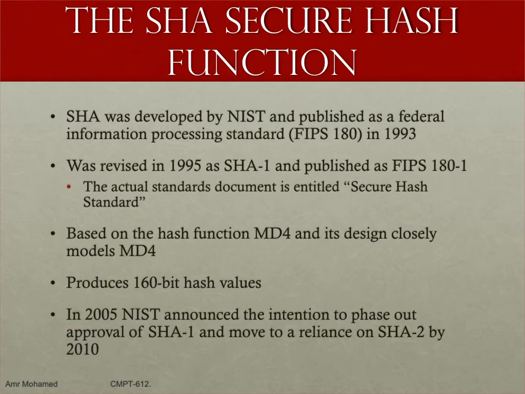Then in 2005, NIST found that, again, as we said, breaking by brute force is based on the size of this message digest, right? So if it's 160 bits, we can in fact use brute force on the order of 2 to the power 80 operations to break this and cause a collision, okay?